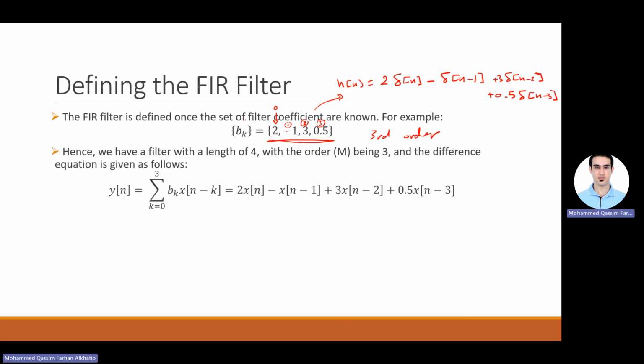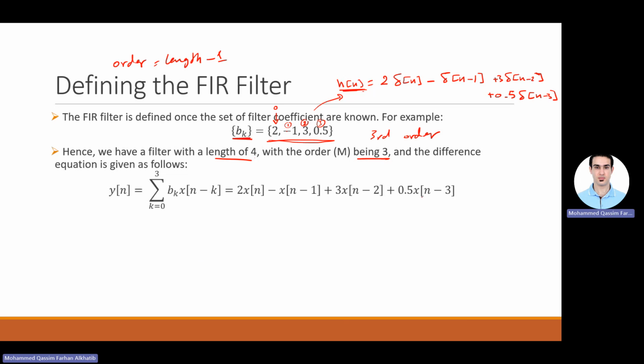All right, so FIR filters could be given by showing the coefficients, or something like this is the impulse response of this filter. So we have the filter with length 4, four coefficients, and the order is 3. And actually, the relationship between the order and the length is order equals length minus 1.